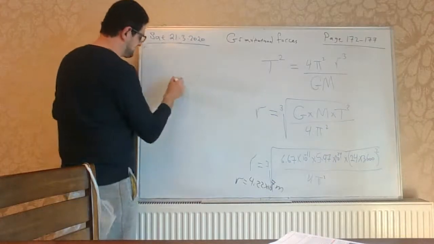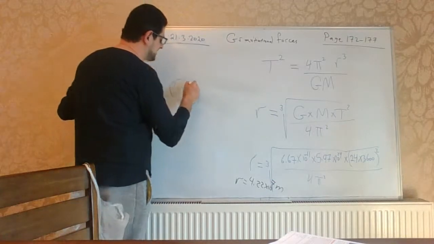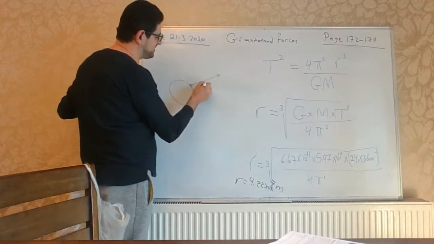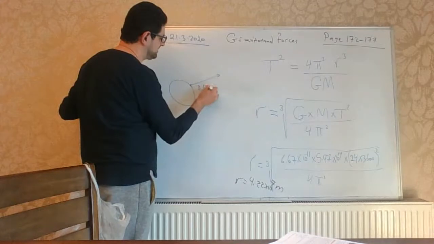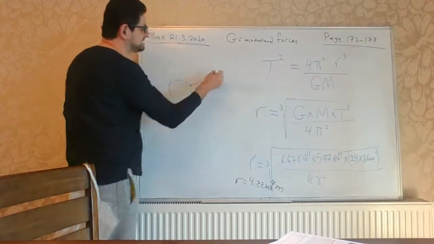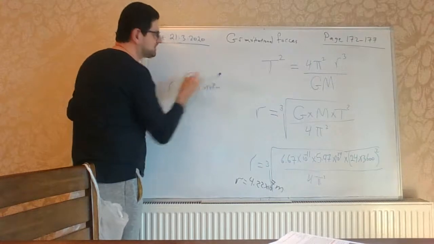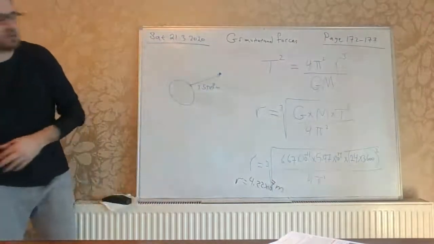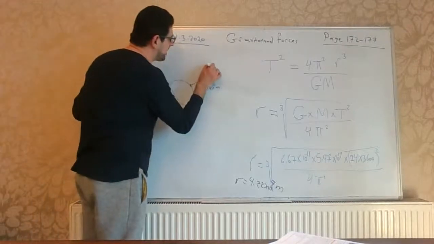Let's say this is Earth. At this distance, this is 3.59 times 10 to the power 7 meters. Here, let's say this is Nile-Sat. If you want to put the Arab Sat, you have to put it somewhere here.